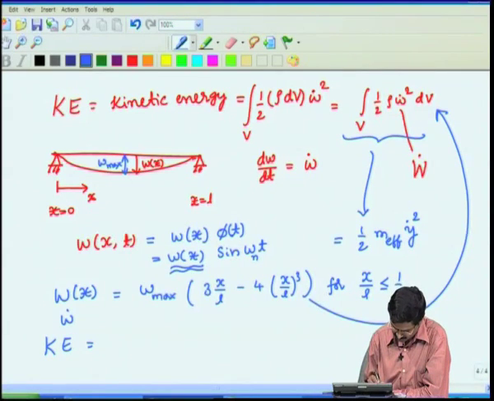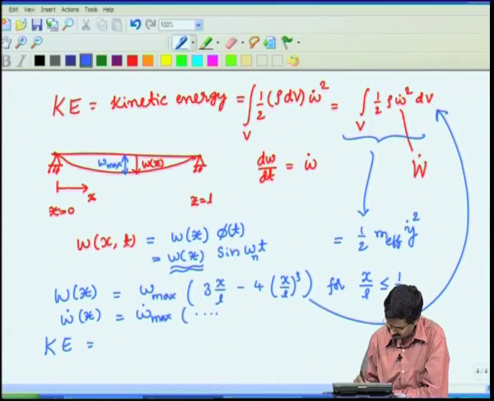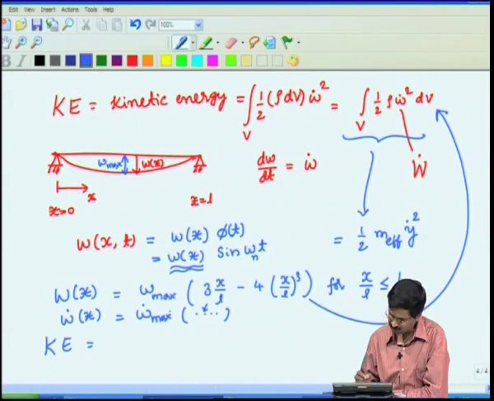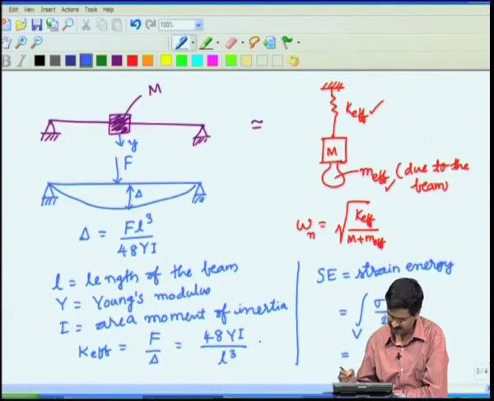So, W dot of x, which we need, will be W max dot, that is dW max by dt, times the same thing. Whatever we have here, the same thing will come down. So, W dot here is W max dot times something that depends on x, we substitute over there, and notice that W max dot is nothing but what we call y dot here, because that is the motion of that midpoint.